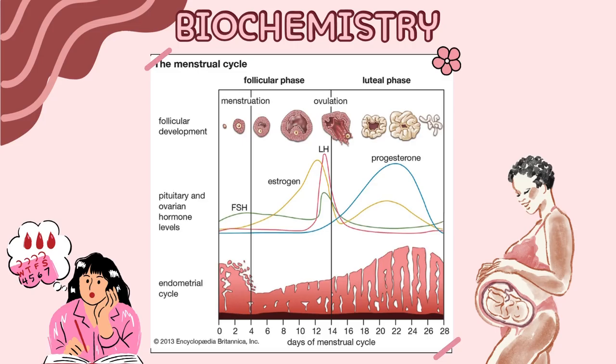One of the biochemical processes that occur in the female reproductive system is the menstrual cycle. To begin, the menstrual cycle is a natural monthly process in the female reproductive system.